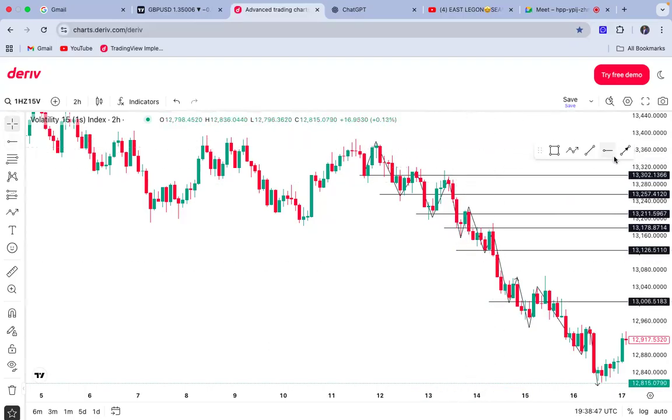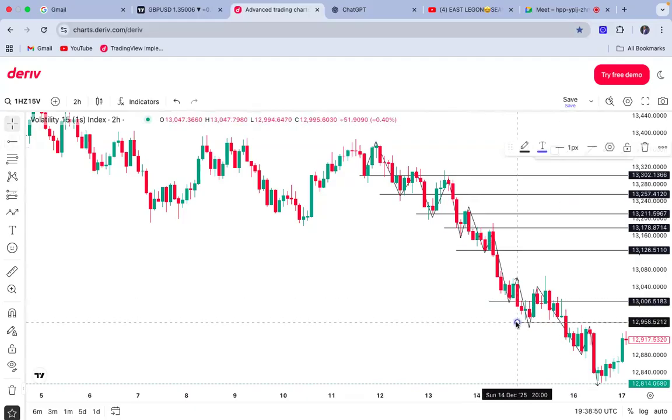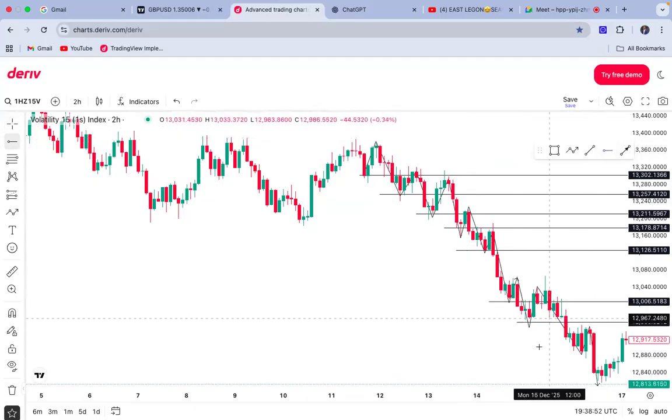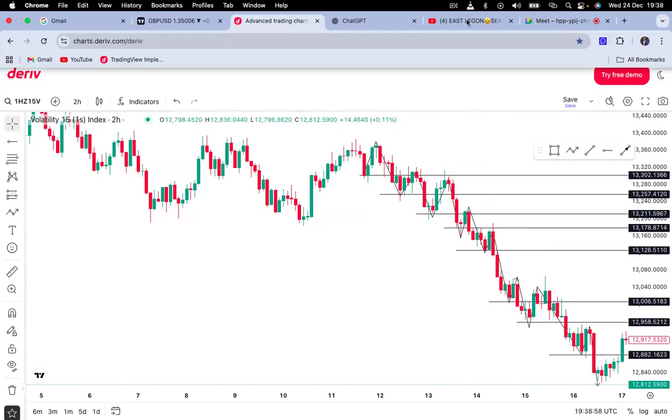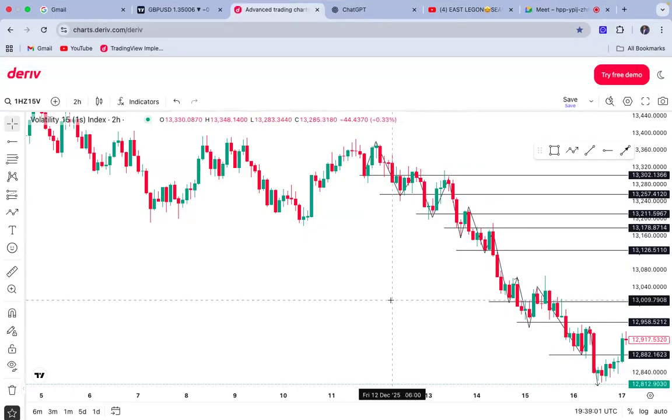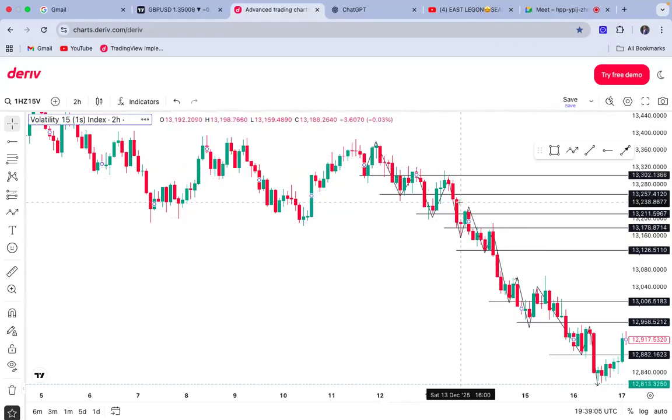And the same idea, when the market breaks it and then comes back to it, that is when we take the sell. Okay. So I'm going to take this off.